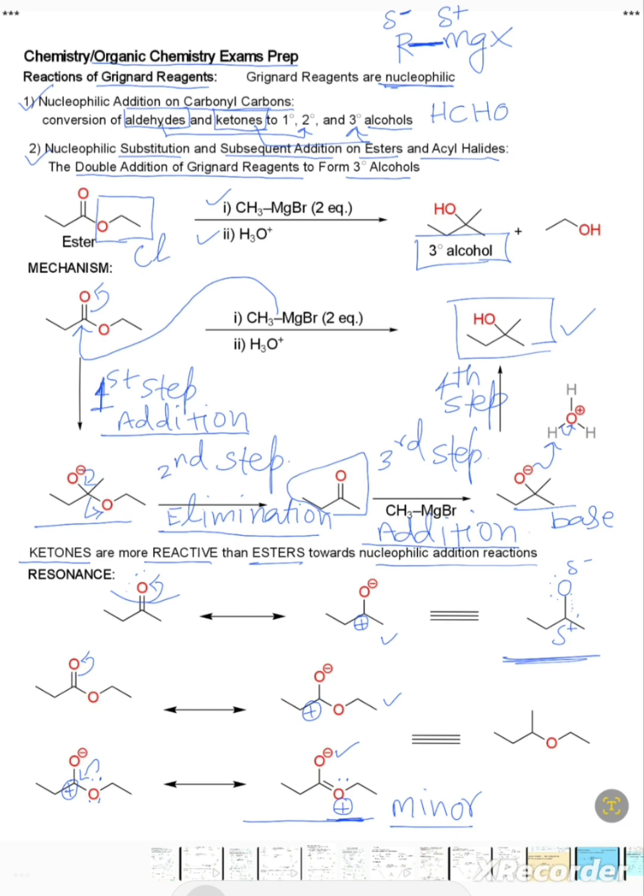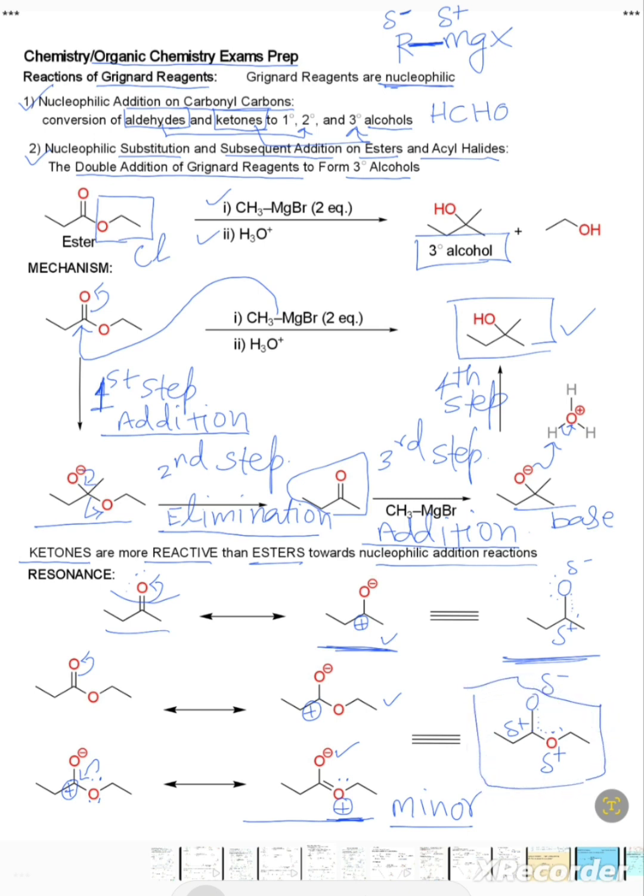Now for the resonance hybrid, we can show that this oxygen gets a partial negative charge, the carbon gets a partial positive charge, and with this partial double bond, this oxygen also gets a partial positive charge. In the ketone there is only one resonance structure other than, of course, the starting structure. But in the case of esters, there is more than one structure.